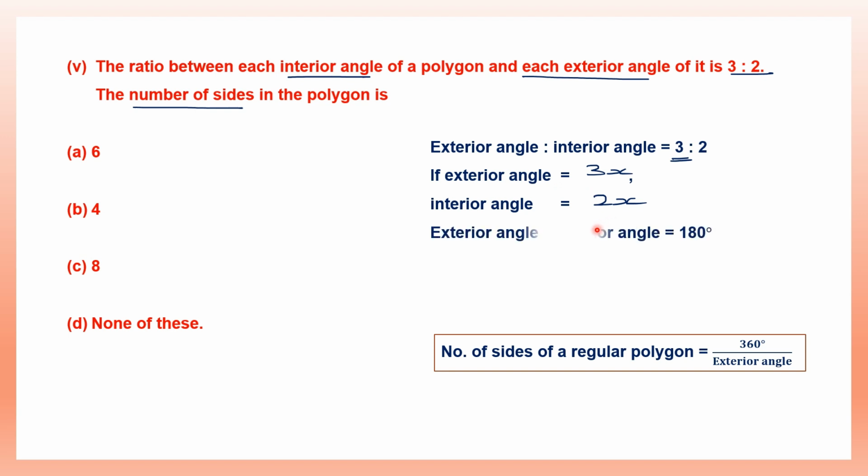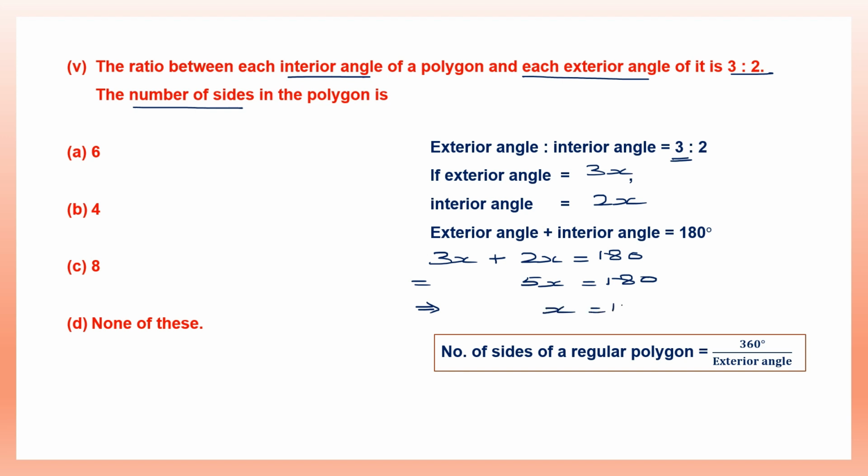We can use this property which says exterior angle plus interior angle is 180 degrees. So 3x exterior angle plus 2x interior angle is equal to 180. 3x plus 2x is 5x, equal to 180.